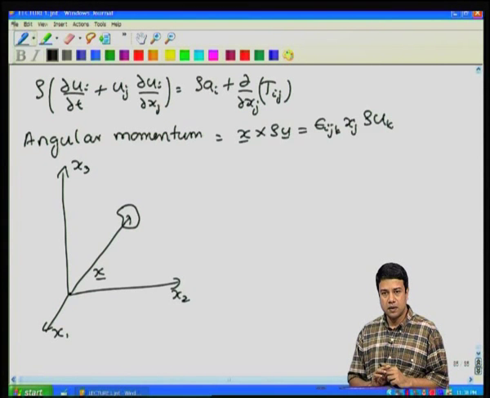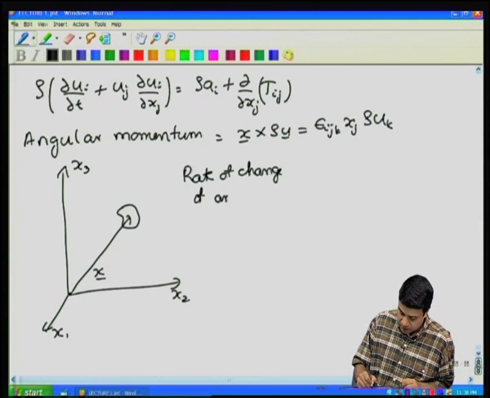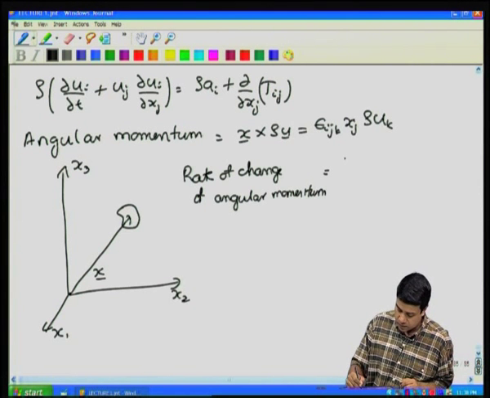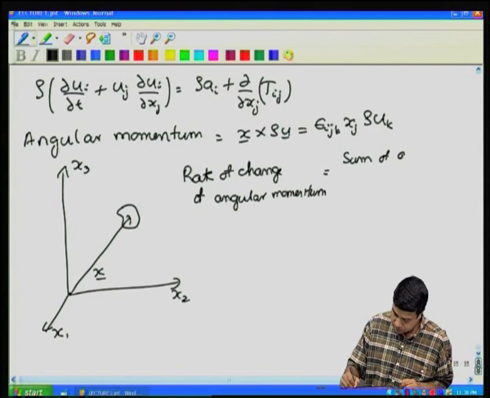And the angular momentum conservation states that the rate of change of angular momentum is equal to the sum of applied torques.